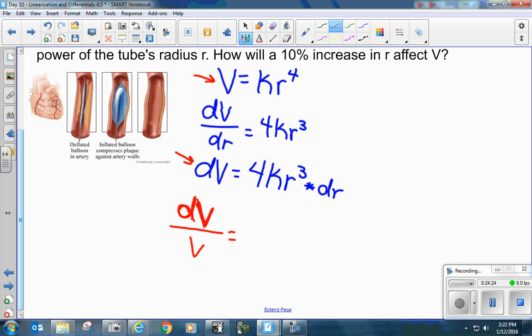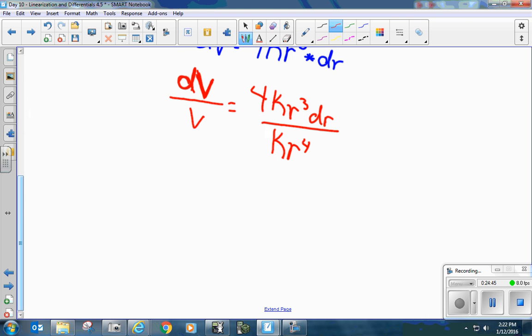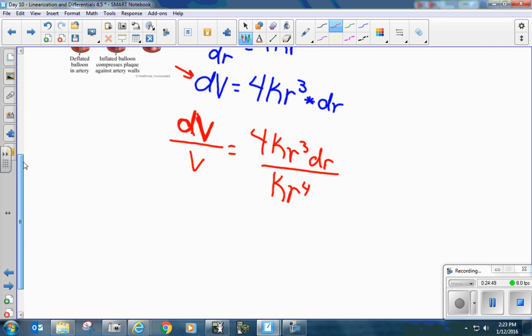Oh, we have it right here, don't we? 4K R cubed dR. All over, what is V? It's the original, right? They want to know how it's affecting this. So that's K R to the fourth.